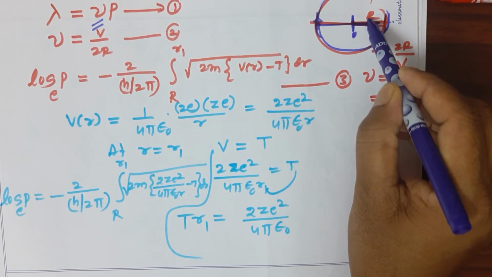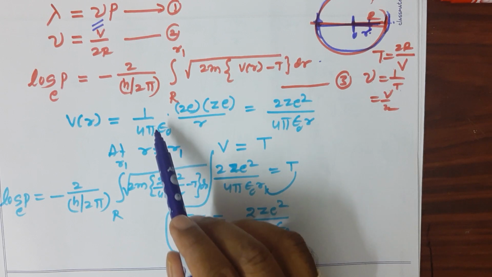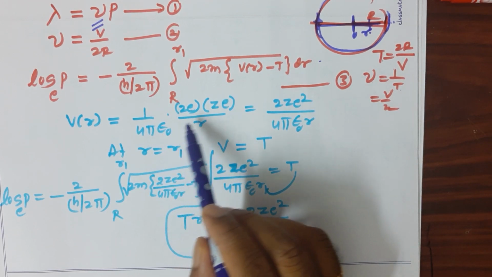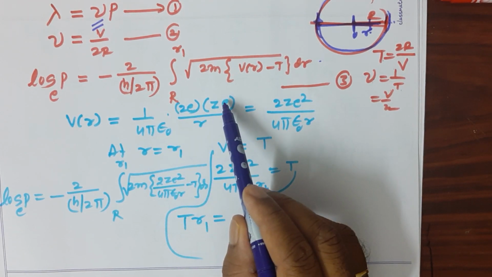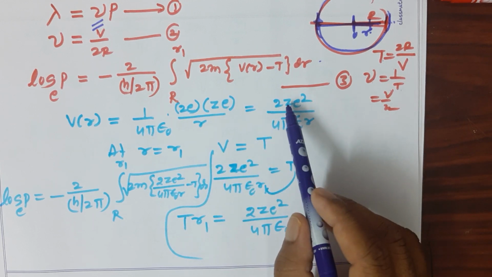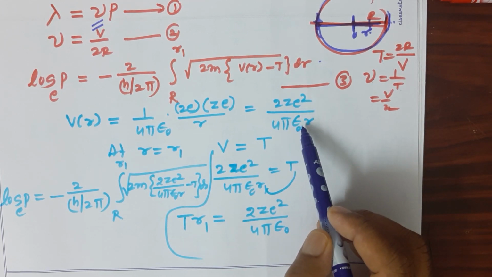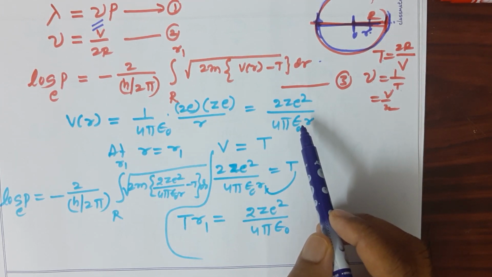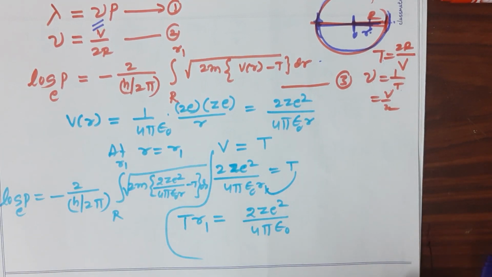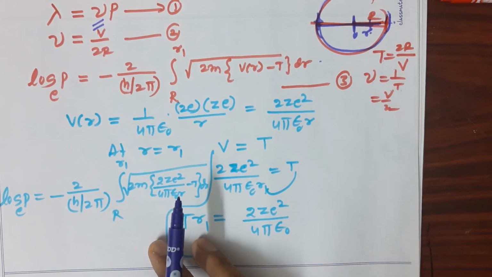The potential energy V of r equals 1 by 4 pi epsilon naught into 2e into Ze by r, that equals 2Ze square by 4 pi epsilon naught r. Yesterday I told you about the distance r equal to r1.